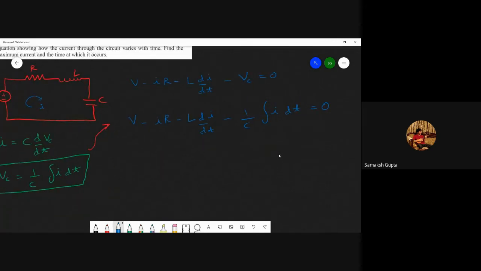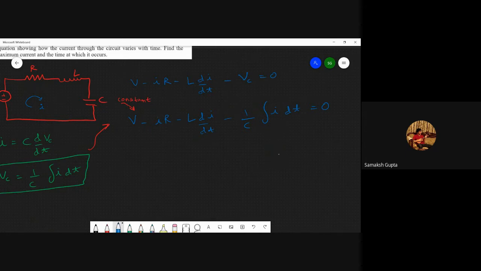Now to form a differential equation, we will differentiate this entire expression with respect to t once again. This V is just a constant, the source voltage, so if I differentiate it with respect to t, it will just go to 0.